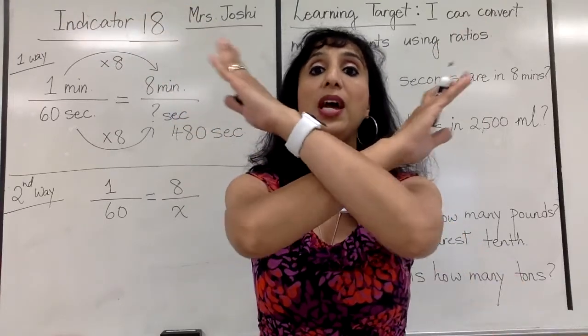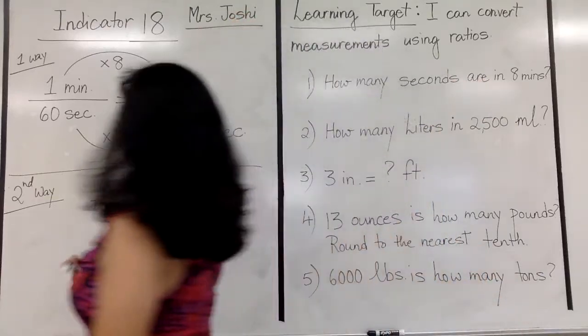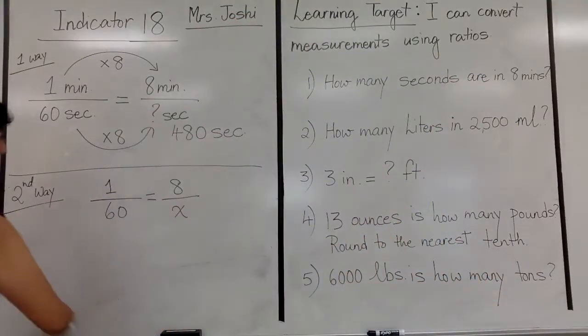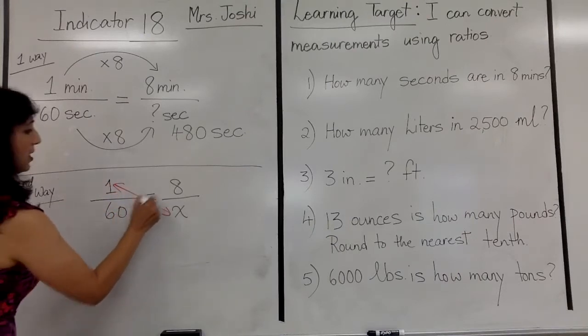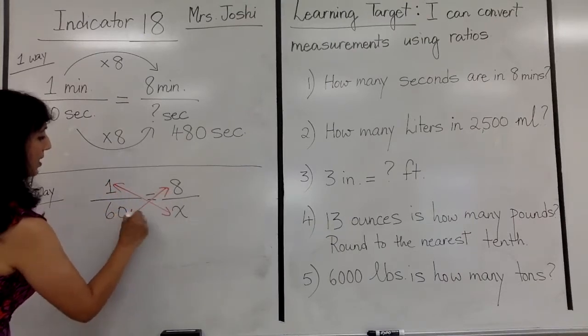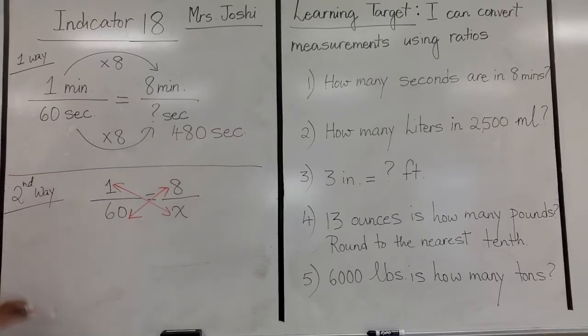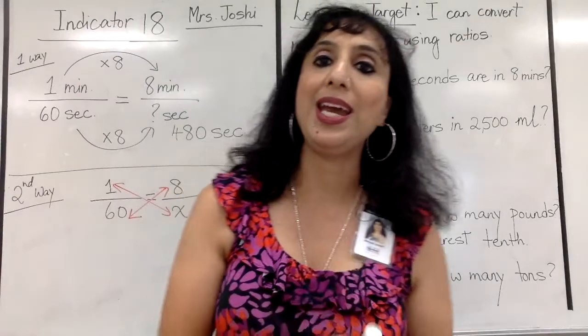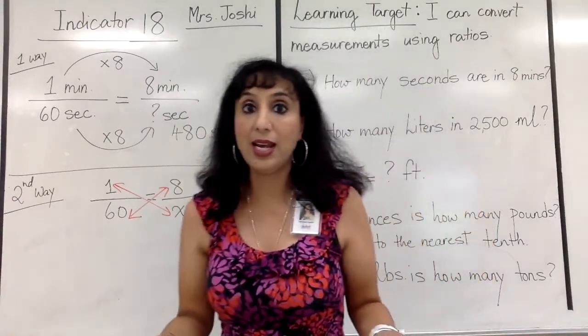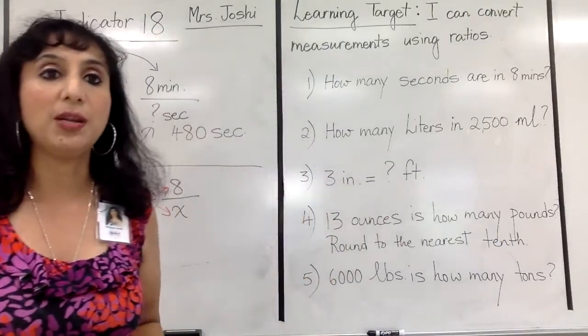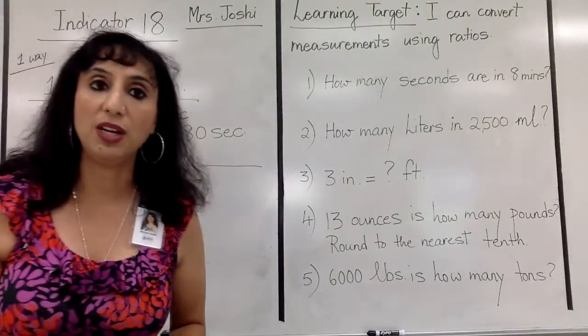So remember the x, okay? So this basically means 1 times x is equal to 60 times 8. Okay? So any number times 1 is that number itself. And that is the property of multiplication, the multiplication property of 1.